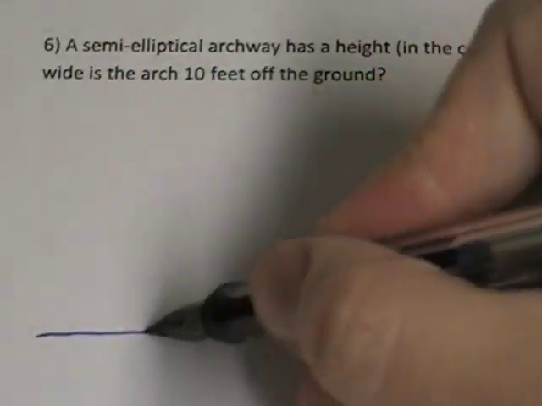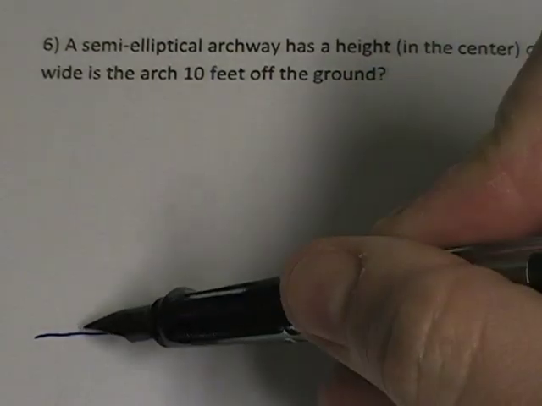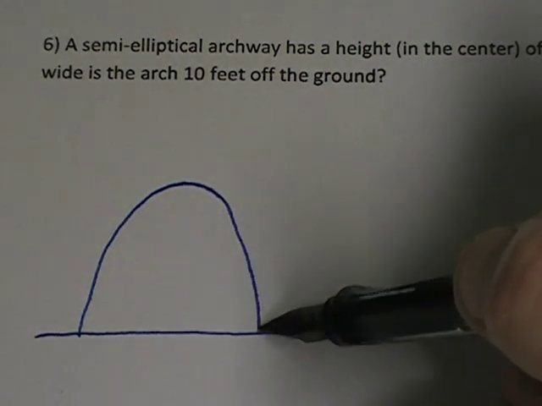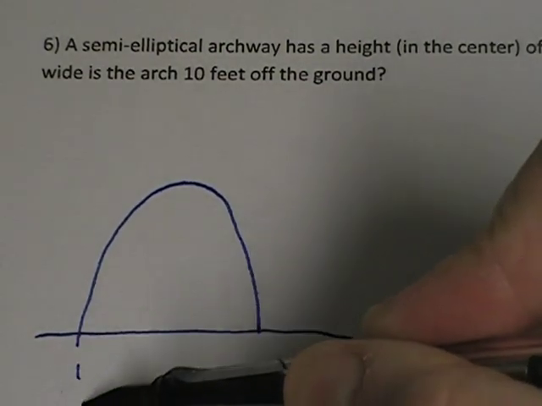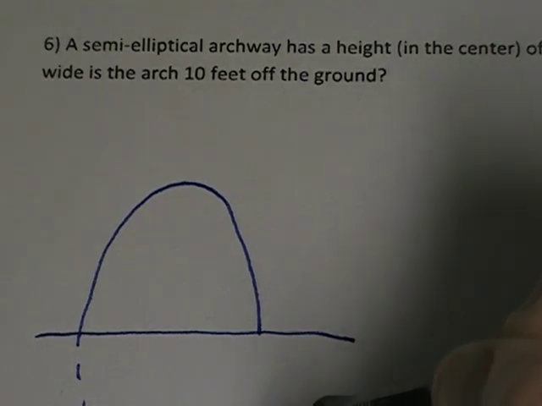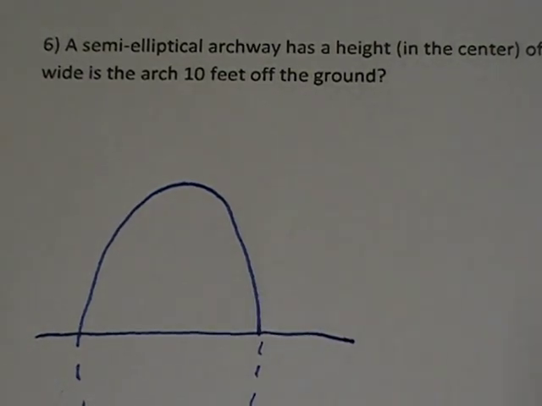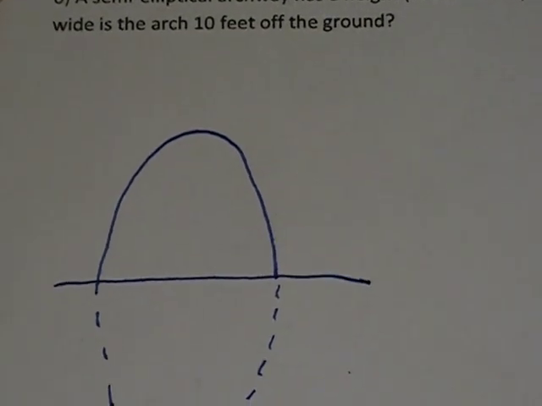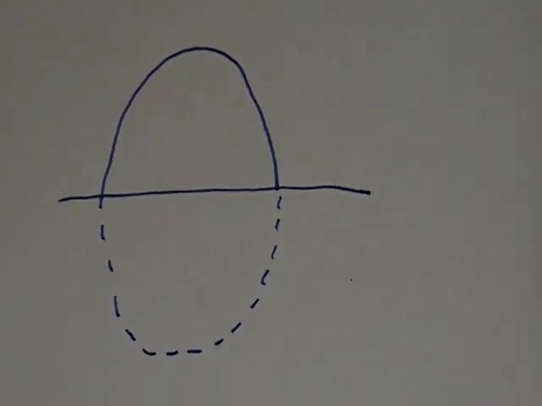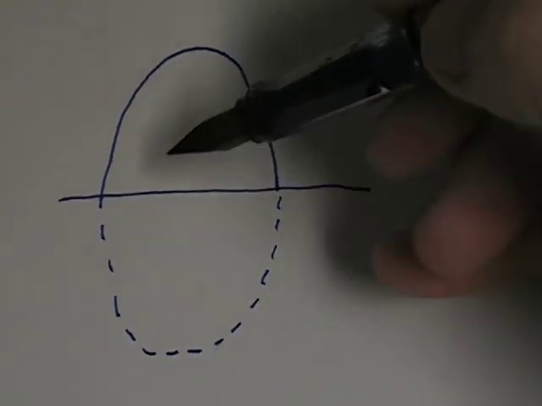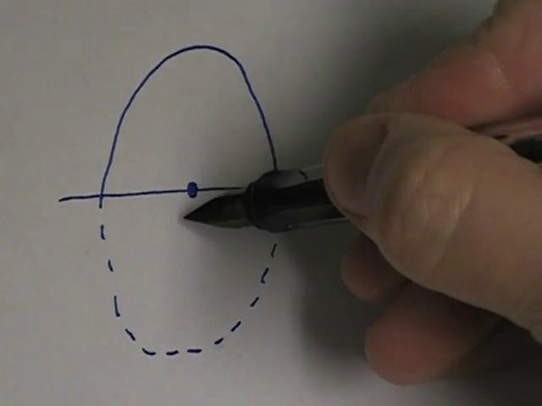So here's the ground, and here's this semi-elliptical arch. Now what that means is it's half of an ellipse. So you have to picture the other half of this would be underground. Okay, and that says it has a height. So here's the center.